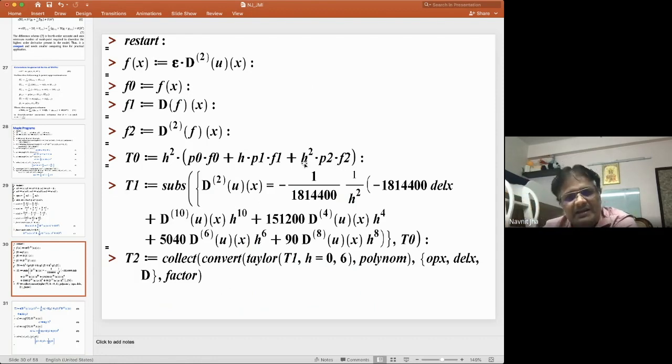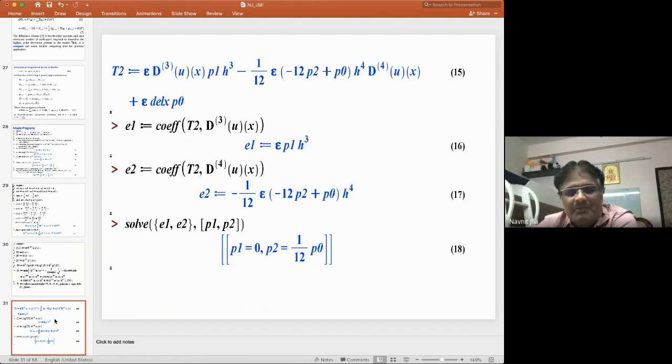The whole linear combination collapsed. So we must take some non-zero value. Any non-zero real value will suffice for our purpose, and that gives the same order scheme. Maybe for simplicity we can take p naught equal to 1.